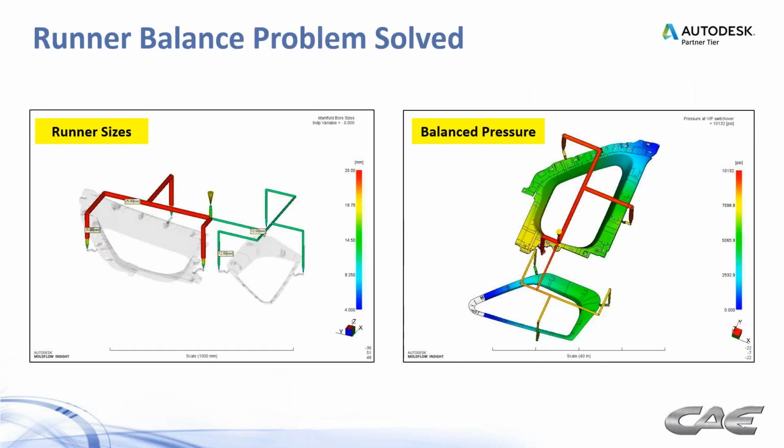In many cases, we're going to get into a situation where we need to balance the runner. Not a big advocate of putting very different sized parts in the same family mold, but it does happen.